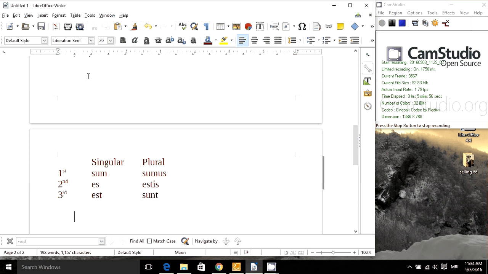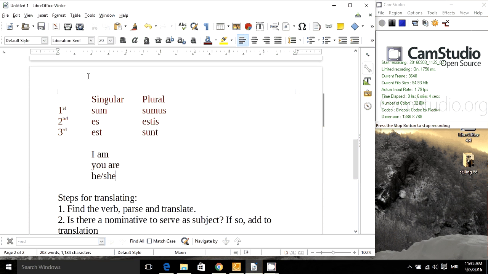So these are the verbs to be. That's I am, you are, he, she, it is, and then in the plural, we are, y'all are, and they are.